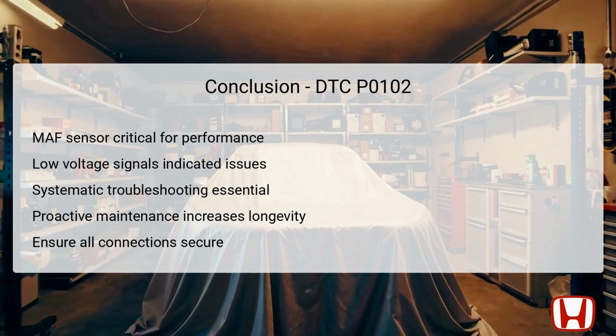To effectively address this, a systematic troubleshooting approach ensures that all potential causes are examined and repaired before further issues arise. Incorporating proactive maintenance, such as inspecting the sensor and wiring connections regularly and ensuring clean air intake, can significantly extend the life of these components. Proper vigilance and timely repairs will not only enhance vehicle performance, but also increase confidence in reliability on the road.